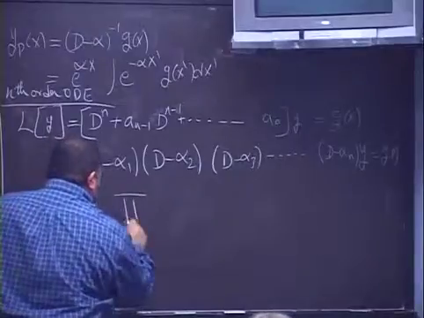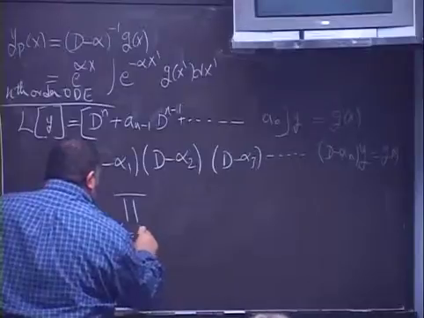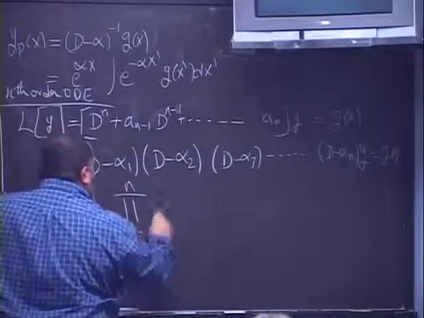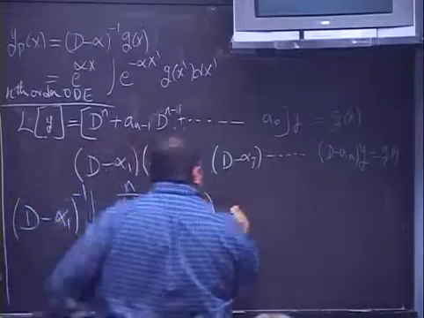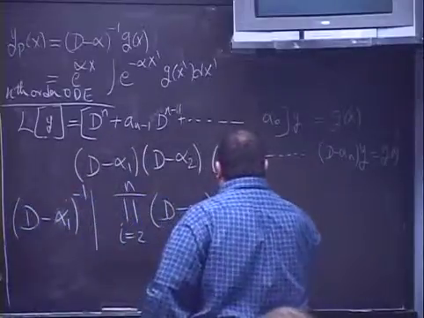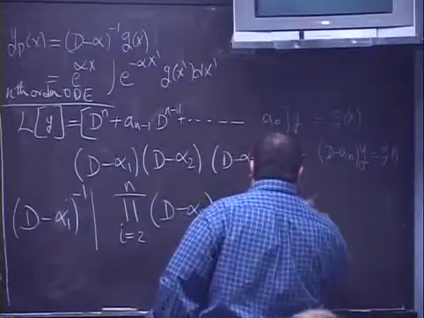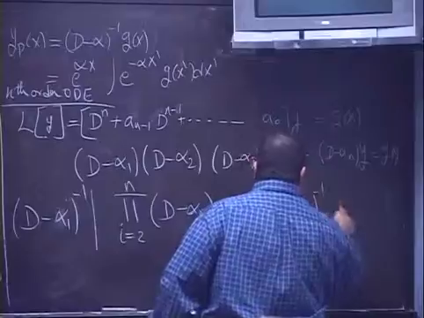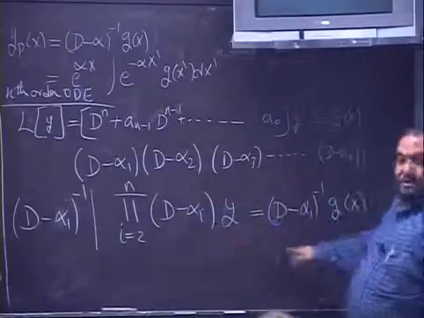I can write it as the product from i equal to 2 up to n of (D minus alpha i) operated over y equal to (D minus alpha 1) inverse operated over g of x. Do you agree?